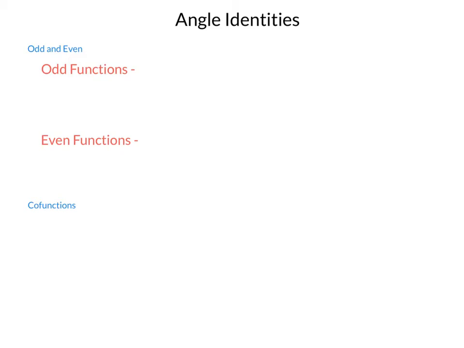Perhaps at this time in your Algebra 2 studies, you've already run across this concept of odd and even functions, but just in case you haven't, here's how we define them. An odd function would be any function where f of the opposite of x equals the opposite of f of x. That's very much algebra speak, so let's take a look at what that would look like.